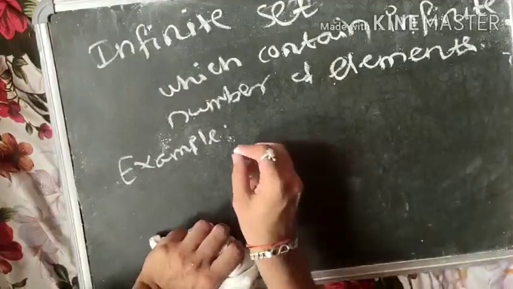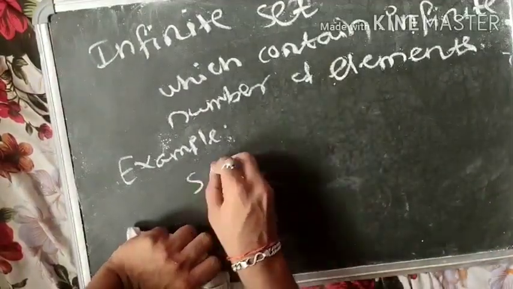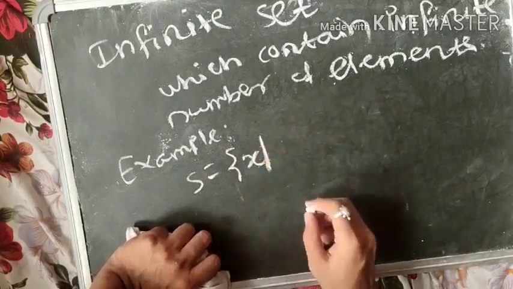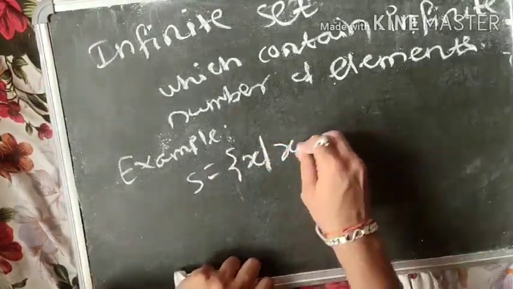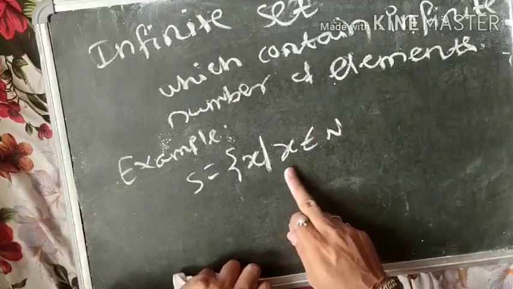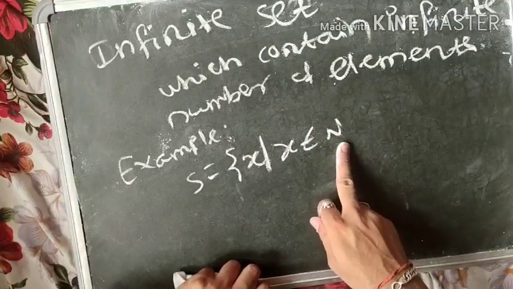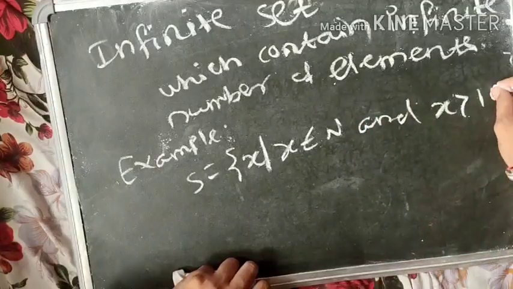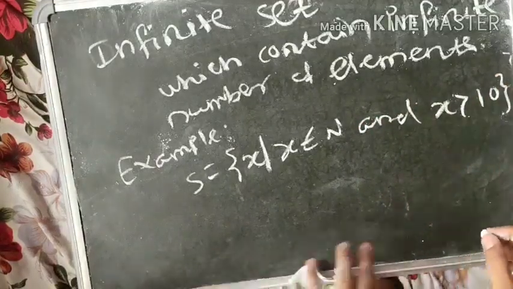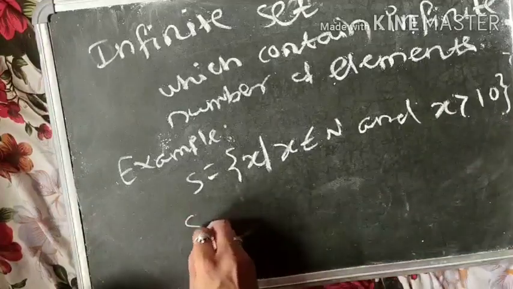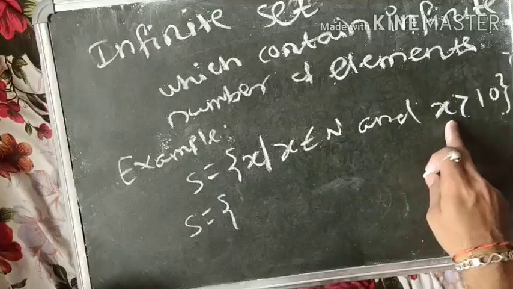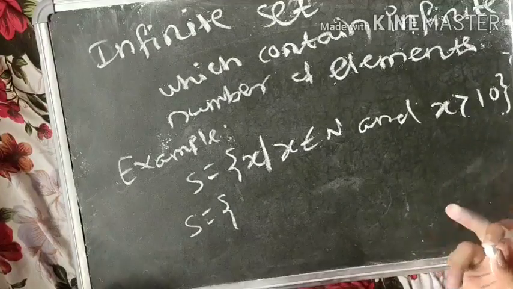The first example: a set which contains elements x such that x belongs to N, the natural number set, and x is greater than 10. Total how many elements?